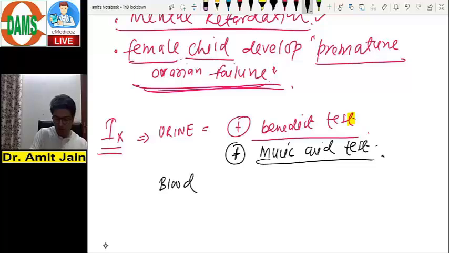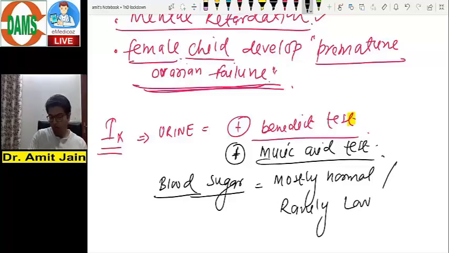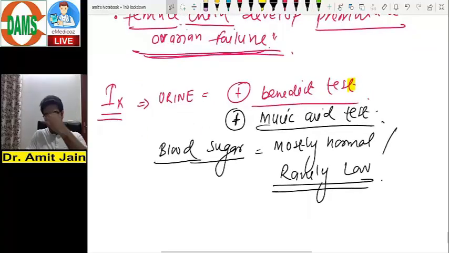So blood sugar is mostly normal, or I can say rarely low. Blood sugar is not commonly affected in this case.